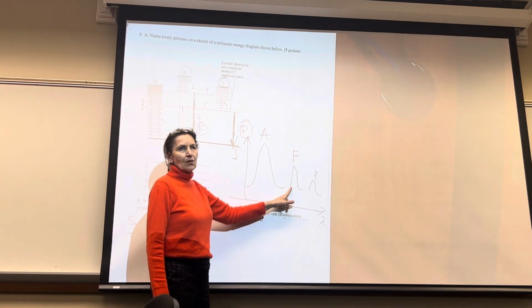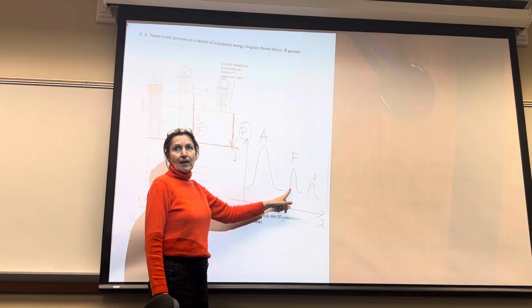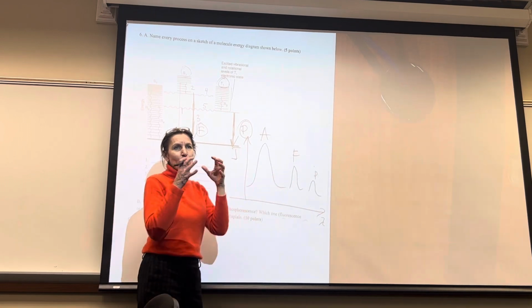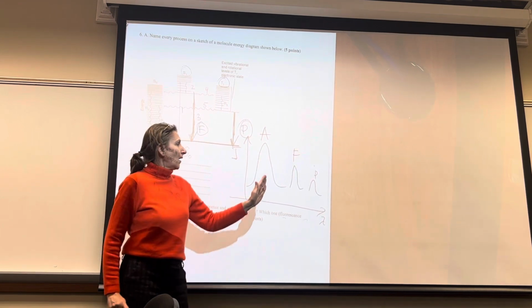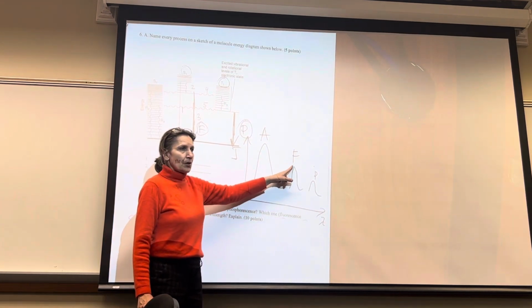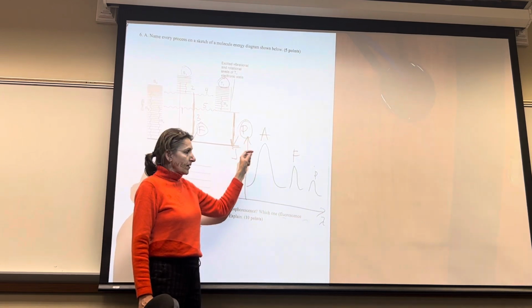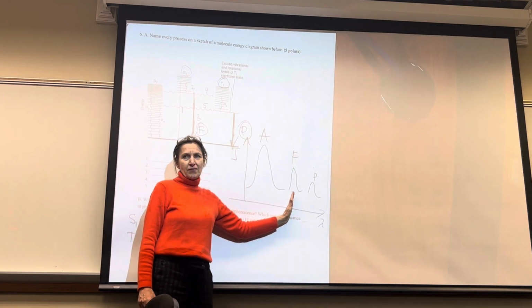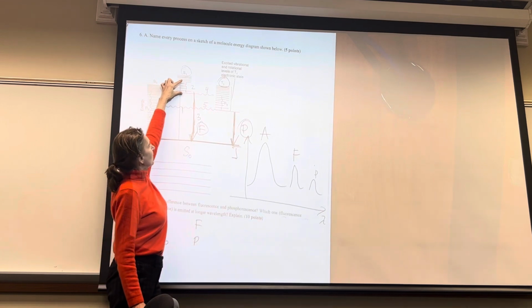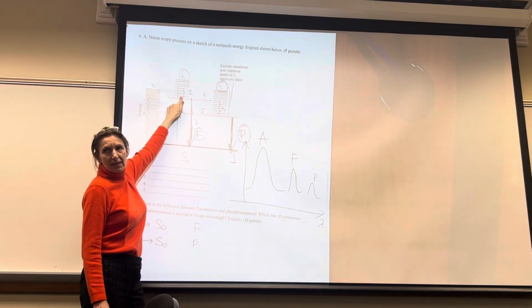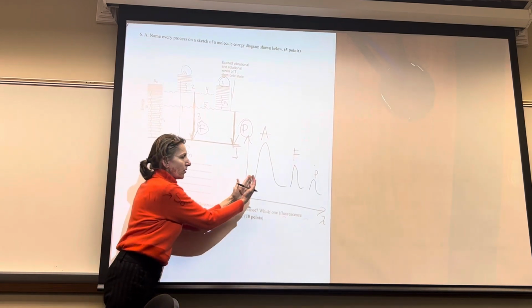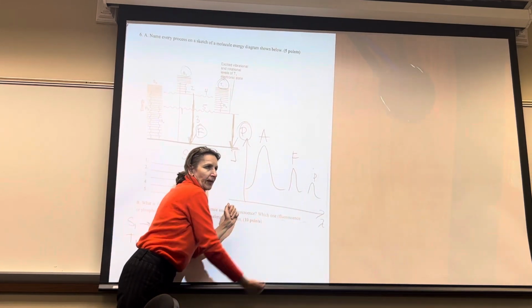Fluorescence is not as common, and not every photon that was absorbed will be emitted. So its intensity is much lower than absorbance. And also it's red-shifted. Why? Because some energy is usually lost due to vibrational relaxation. The energy is lost means we go to longer wavelength.